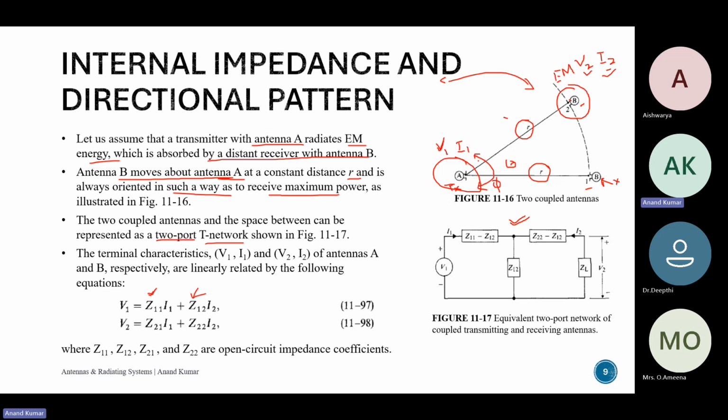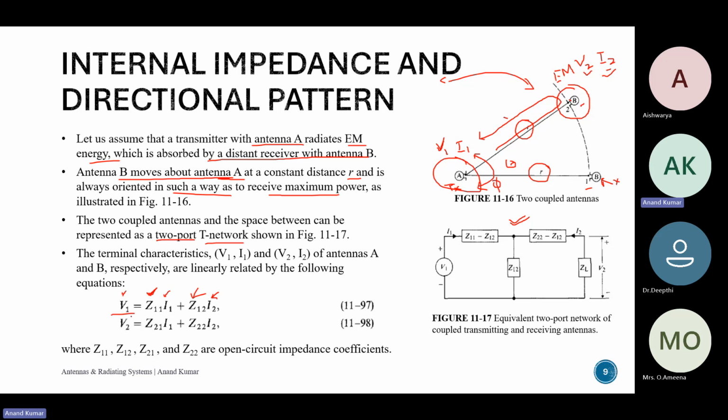Some of the wave which is transmitted will be reflected back and re-radiated, and the transmitting antenna will itself receive that excitation and develop some currents, and due to those currents we will have some voltage. So V1 is essentially affected by the current in the antenna itself, and the current due to the re-radiation of the receiving antenna.